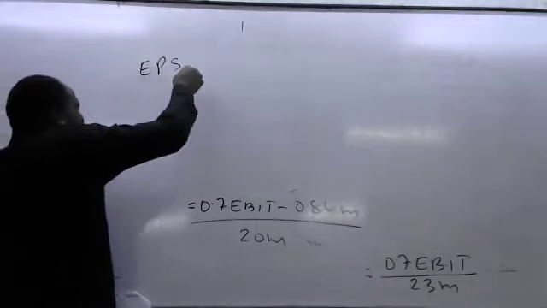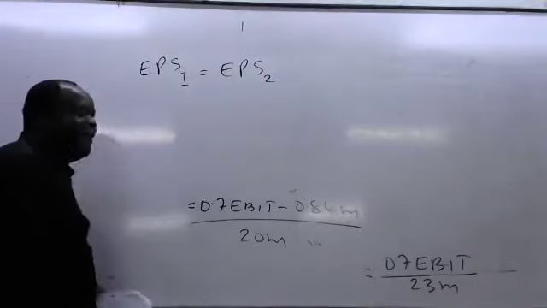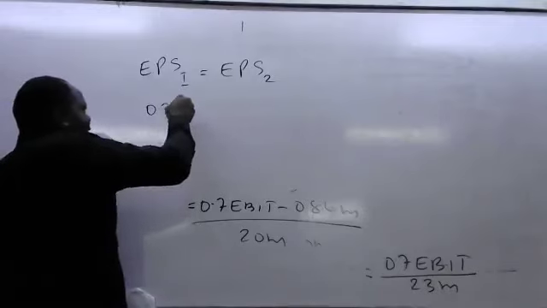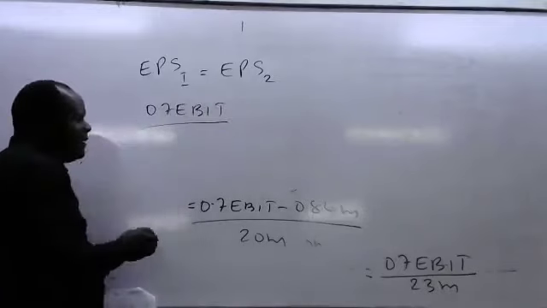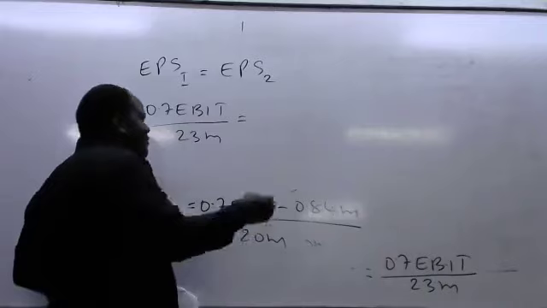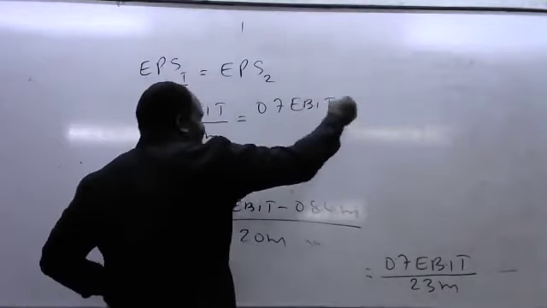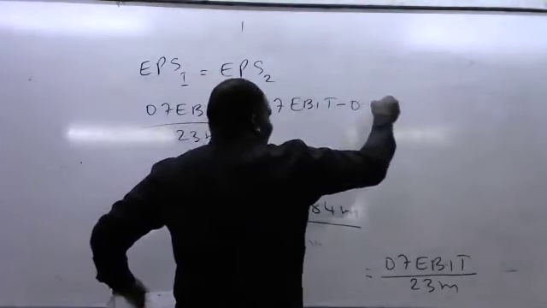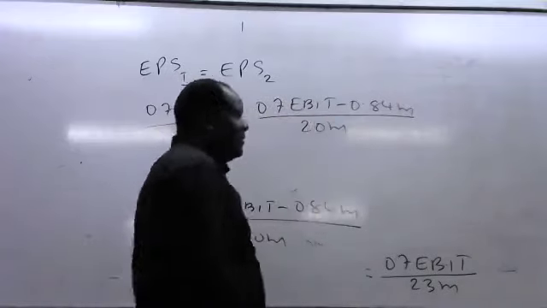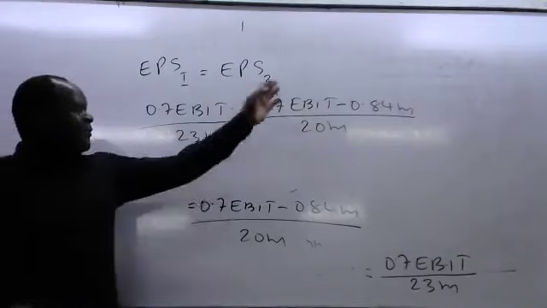earning per share for option 1 should be equal to earning per share for option 2. So option 1, it was 0.7 earnings before interest and tax divided by 23 millions. It should be equal to 0.7 earnings before interest and tax minus 0.84 millions, then divide by 20 millions. So we cross multiply.